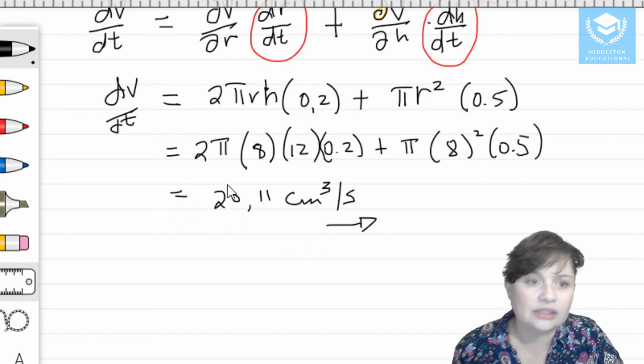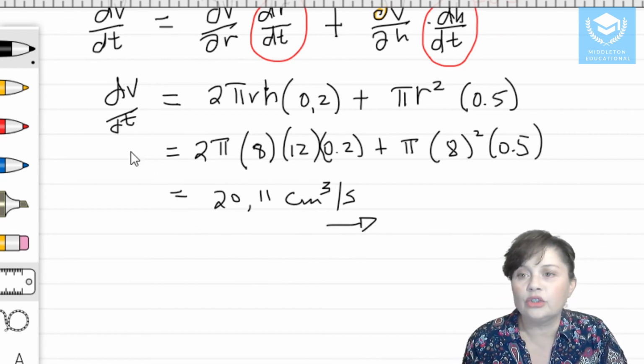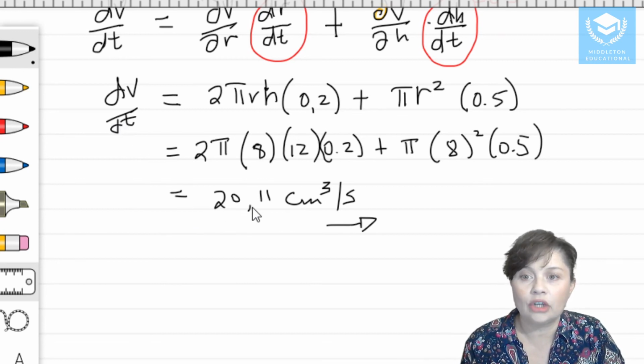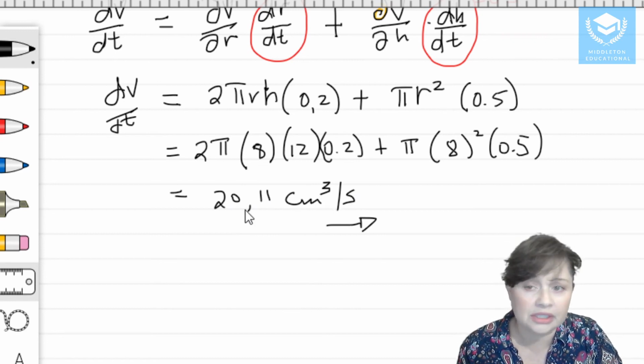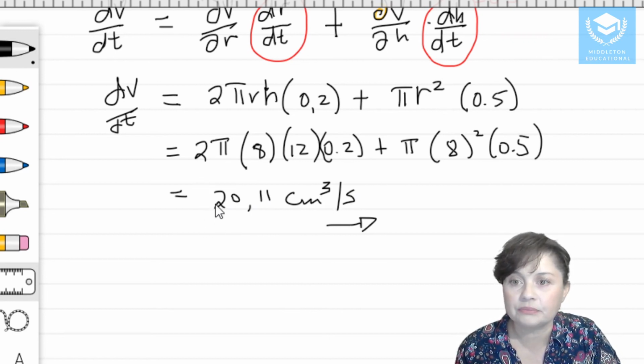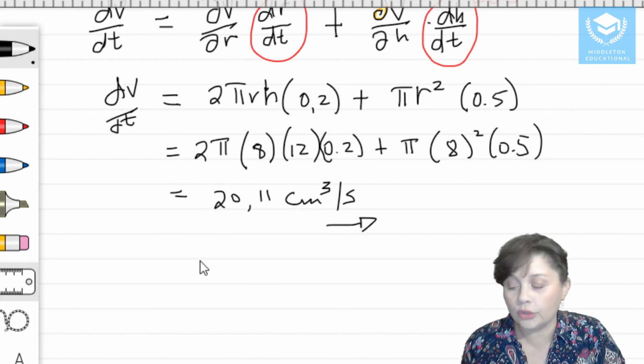What does this answer mean? It means that your volume is increasing by 201.1 cubic centimeters per second. How do you know it's increasing? Because of the positive sign here. Okay, so you can write that.